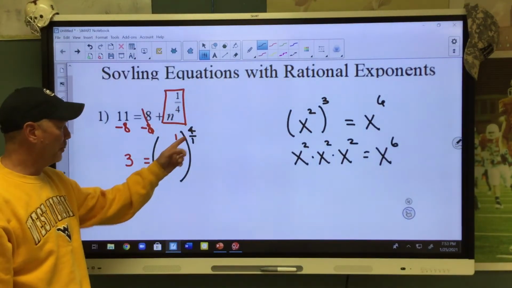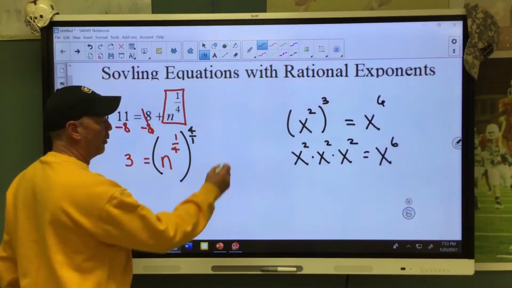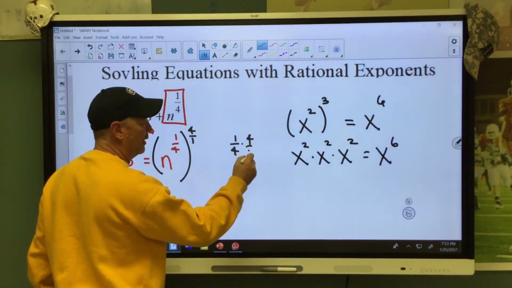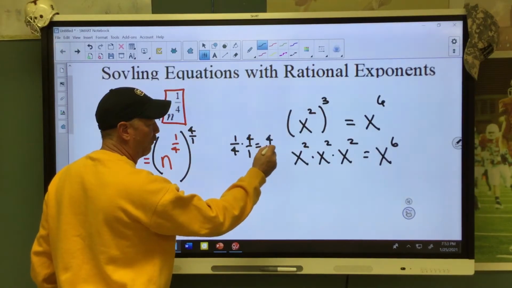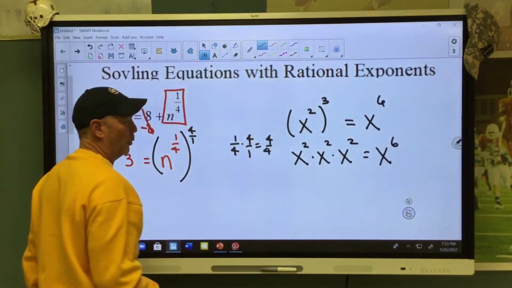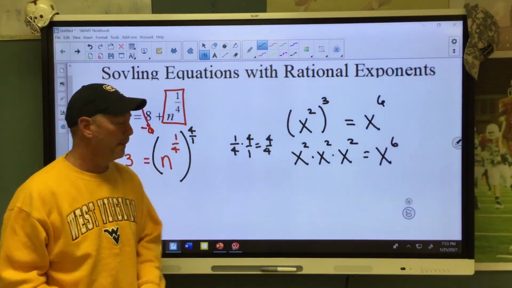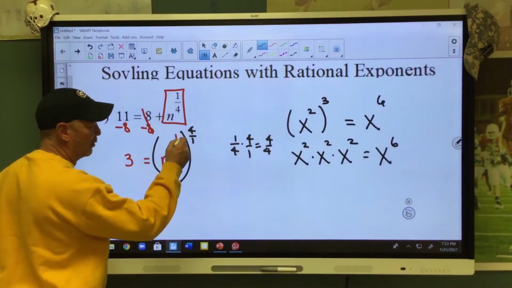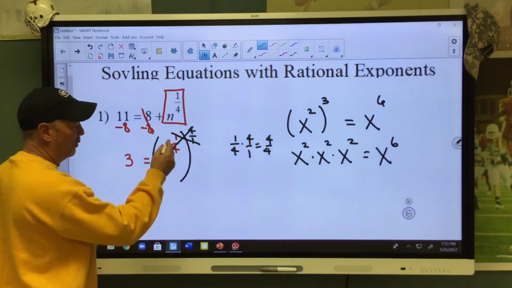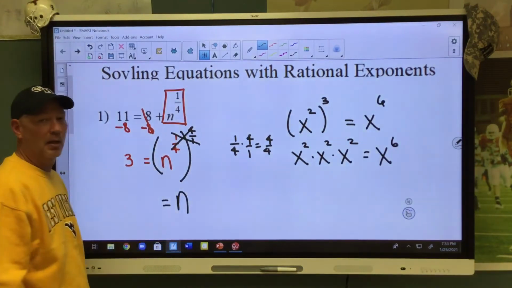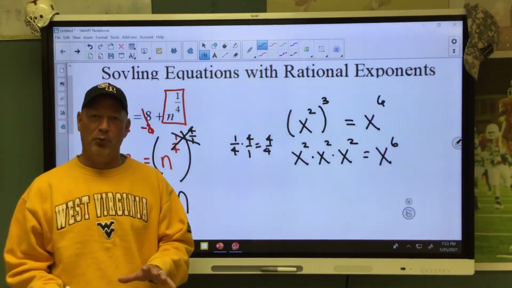Now, we're going to multiply, and 1/4 times 4 over 1 is going to equal 4 over 4, which is the number 1, which is the same thing as canceling out. So the 4's are canceled, the 1's are canceled, but that's just going to leave me with the letter n.